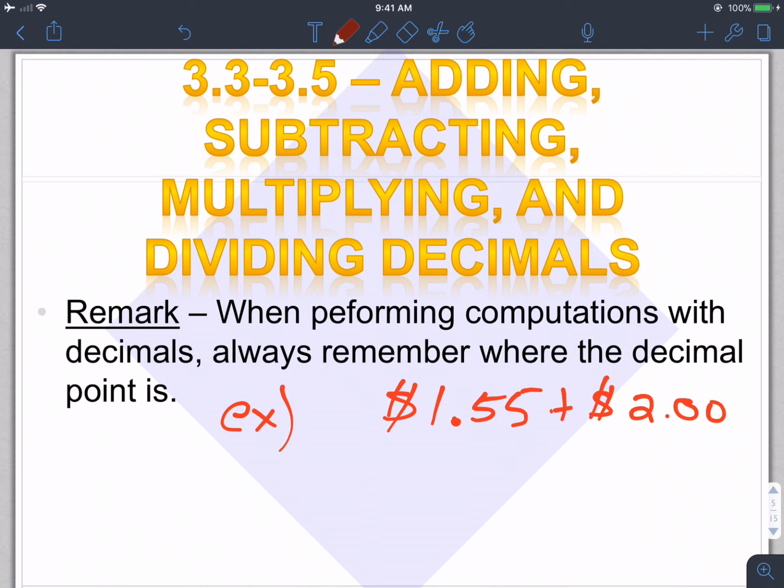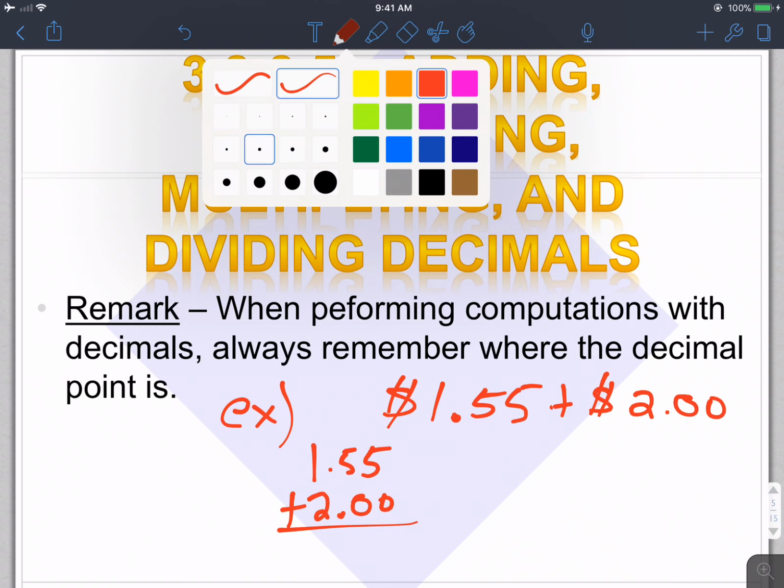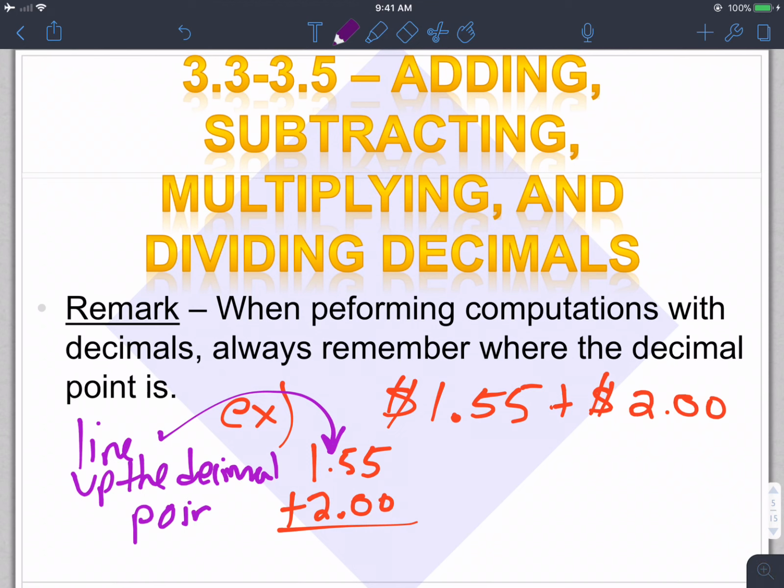But if they give you some sort of crazy, strange, big number, you have to make sure the decimal point is lined up. So we'll say line up the decimal point. That will get you 355.